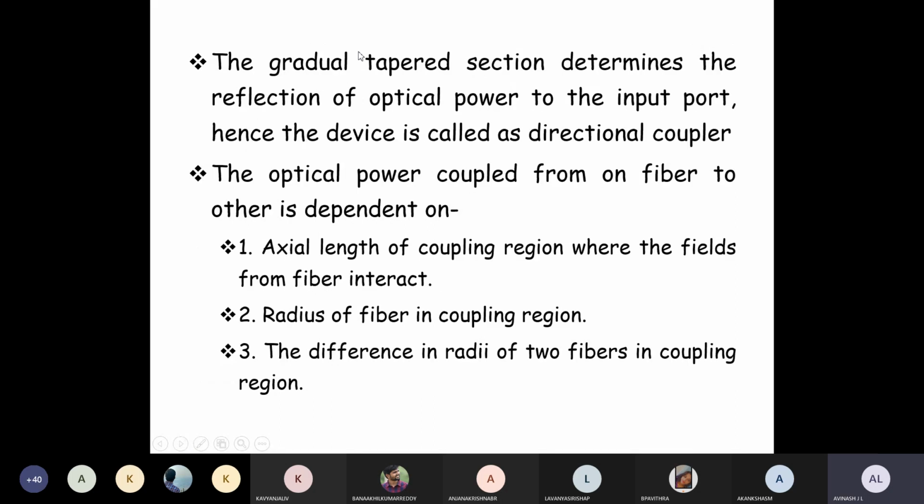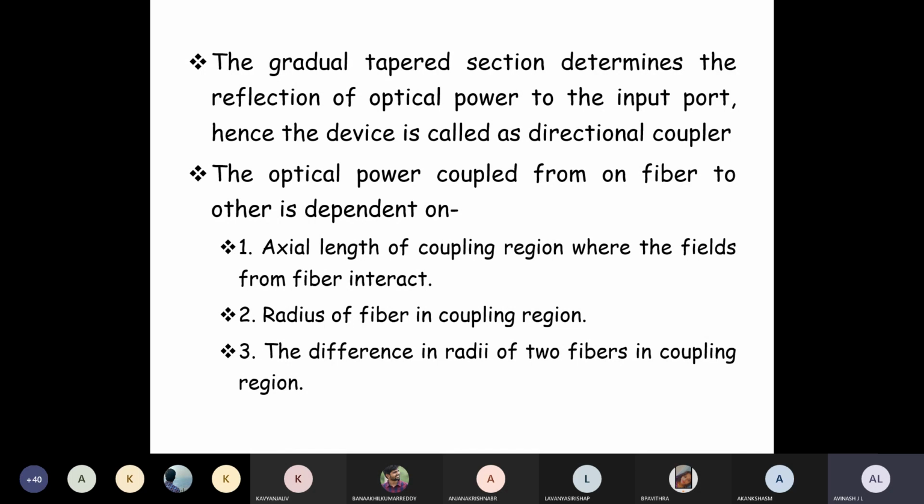The gradual tapered section determines the reflection of optical power to the input port. Hence, the device is called a directional coupler. That means it will be passing in one direction.